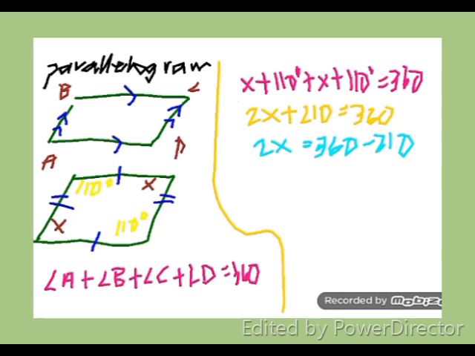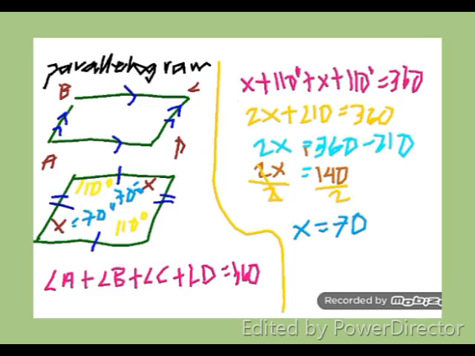Kasi ita-transpose muna sa kabila yung 220 yun. At pag minus mo na, 2x is equal to 140. Para cancel yung 2, divide mo siya both side. 2x over 2 is equal to 140 over 2. X is equal to 70. Yung value ng angle A mo at angle C mo is equal to 70 degree.